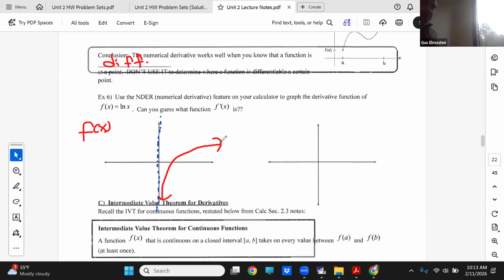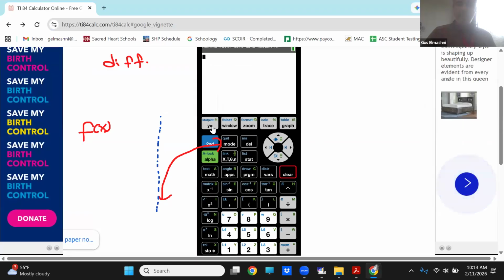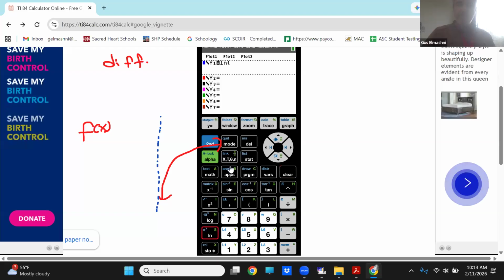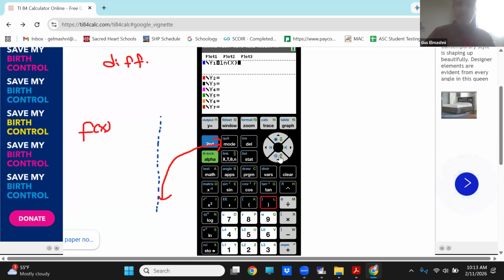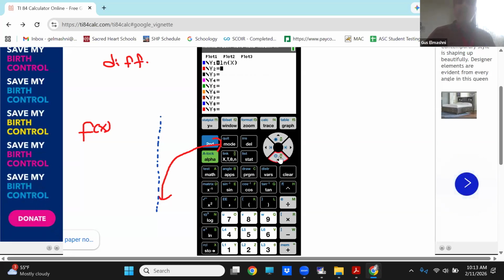So here's a little cheat code you can do for graphing the derivative. You go to y equals, you type in your function, natural log of x, for y1.